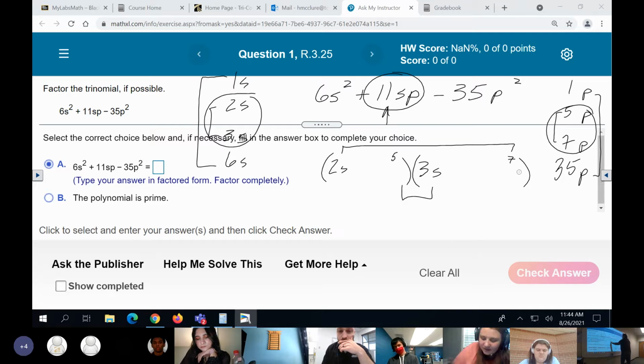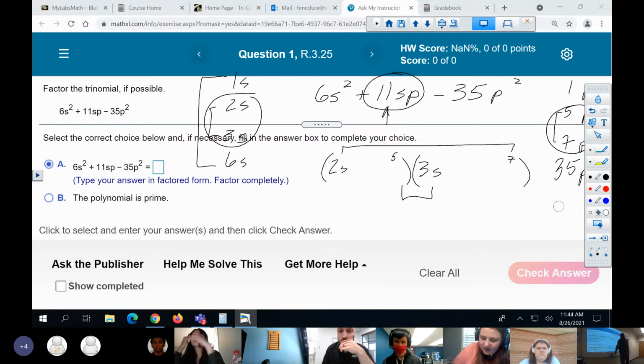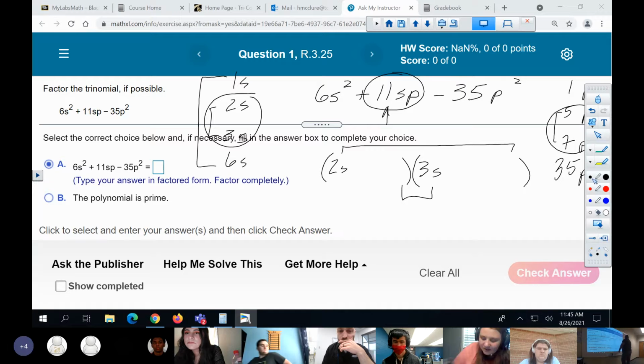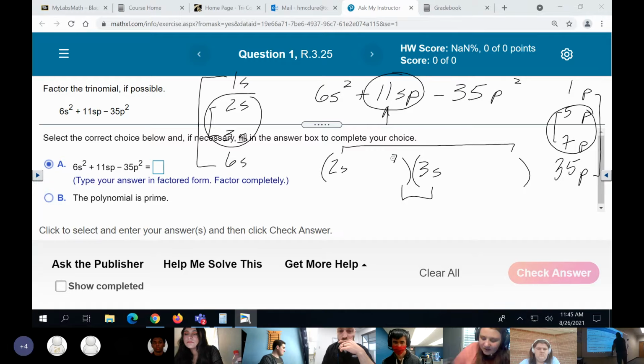What's 14 and 15? 14 and 15 will not give you an 11. So I'm going to switch them. I'm going to put a 7 right here and a 5 right here. 21 and 10.